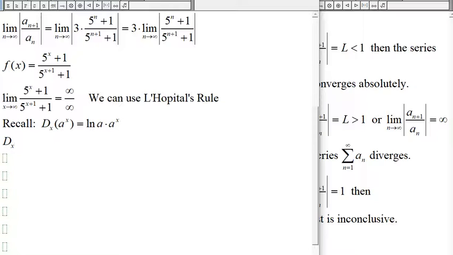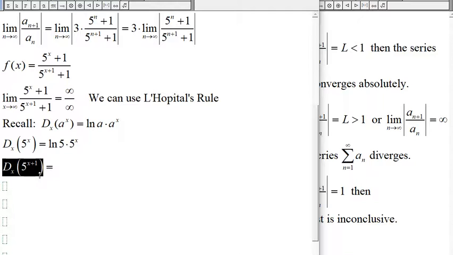So the derivative of 5 to the x will be ln 5 times 5 to the x. And then we also need the derivative of 5 to the x plus 1.